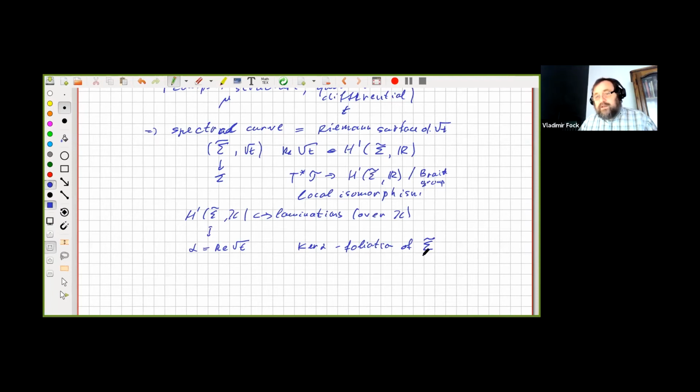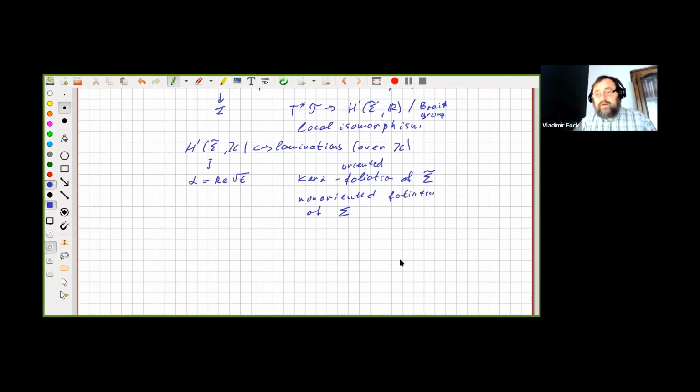If you forget about the orientation of the foliation, then it gives you a non-oriented foliation of sigma tilde, which is the same thing as a non-oriented foliation of sigma, because if you take a quotient by the action of the Galois group, the foliation projects to sigma, to the same lamination with a change of orientation.